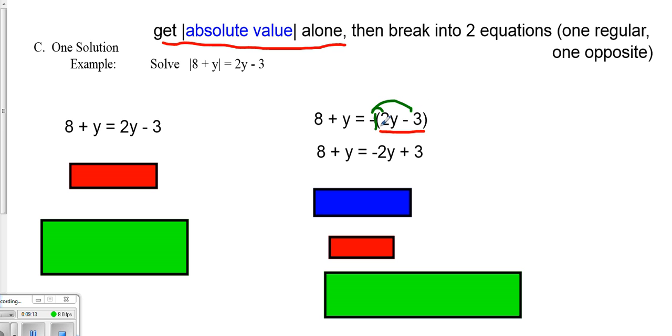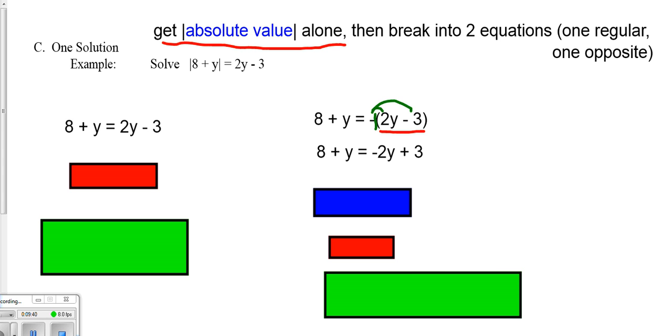It's being distributed to each of those. So negative 1 times 2y, negative 2y. Negative 1 times this minus 3, or a negative 3, becomes a positive 3. So this here is what it should look like. 8 plus y equals negative 2y plus 3. This is how you correctly make the opposite, or the other side, turn opposite.